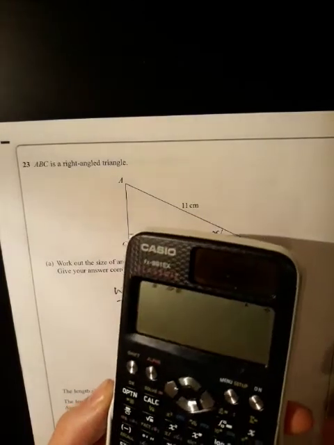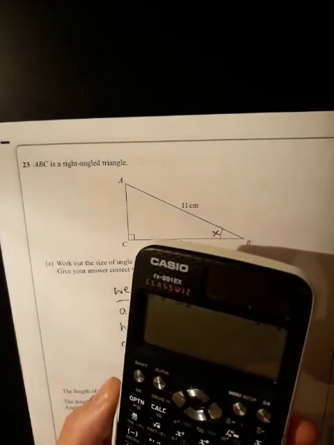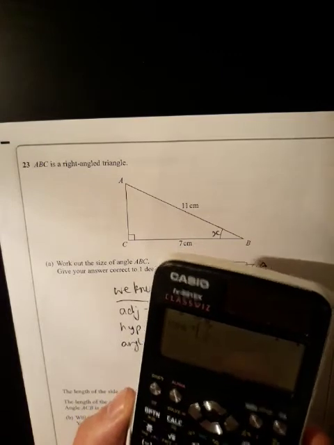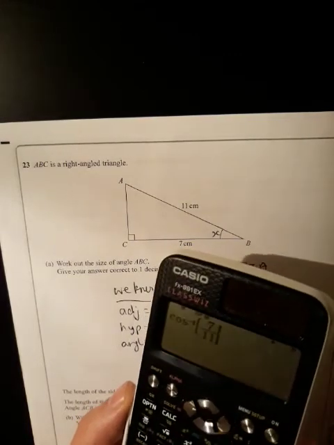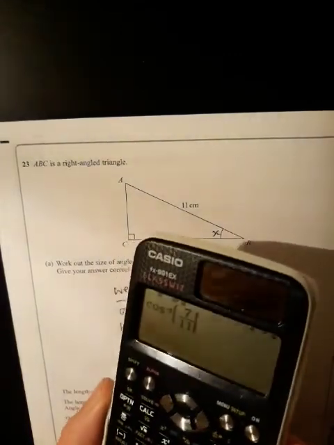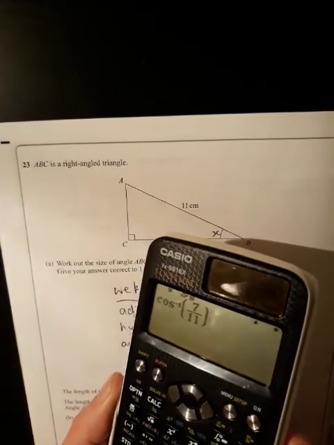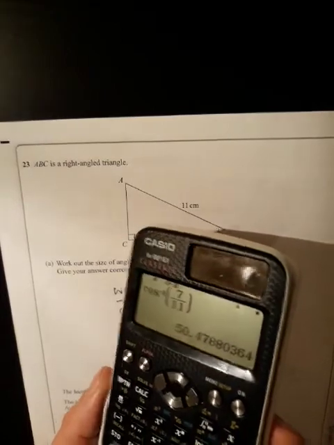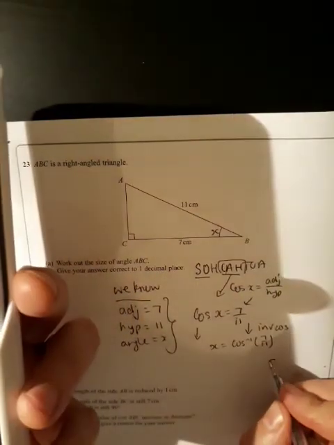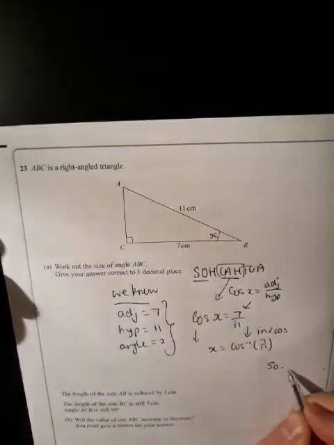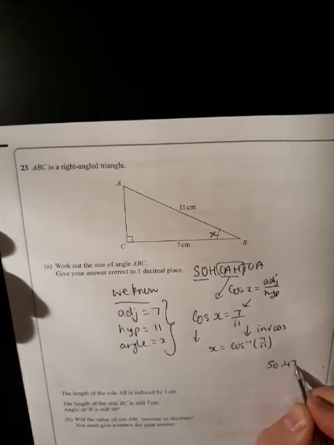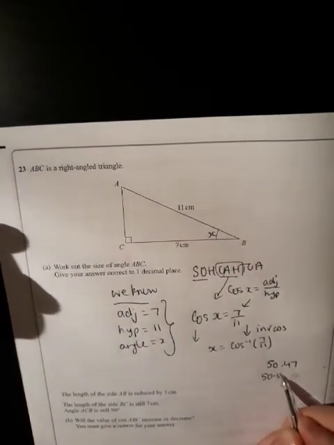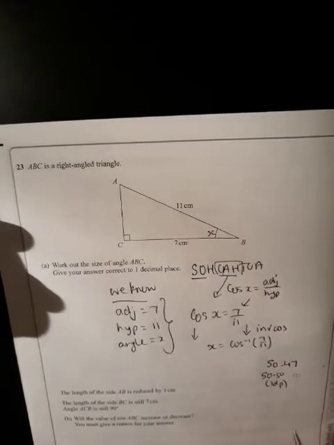Shift cos, 7 over 11, move it away, in my bracket. Press equals, and we get 50.47. It wants 1 decimal place, so that's going to be 50.5 degrees to 1 dp.